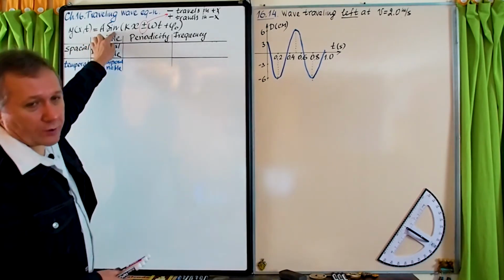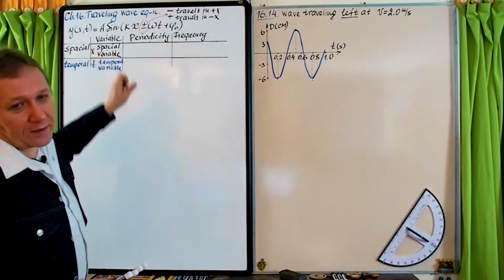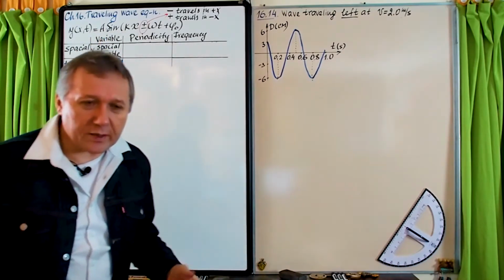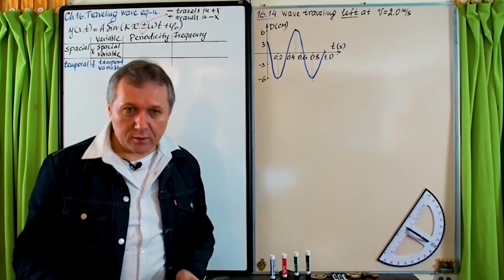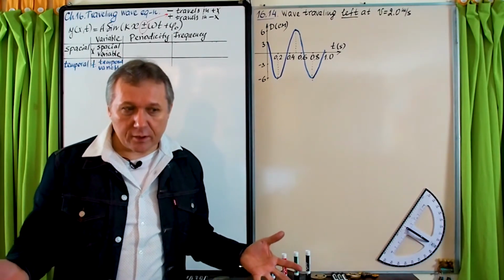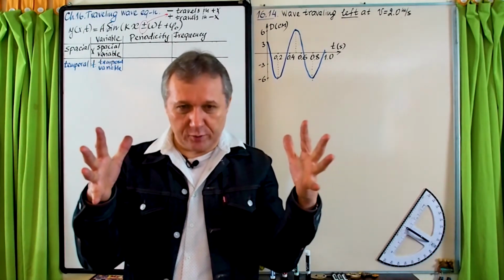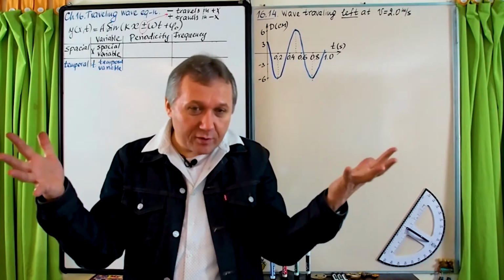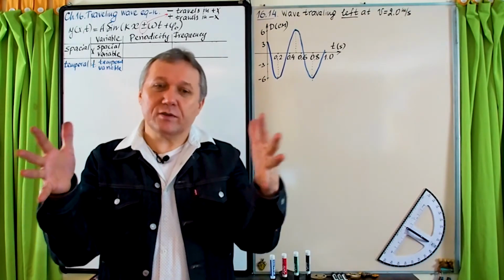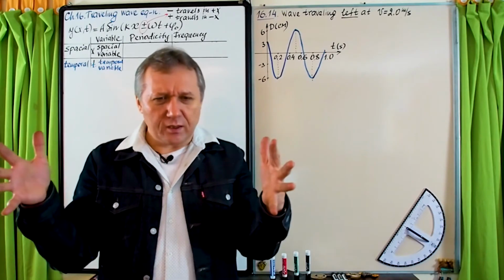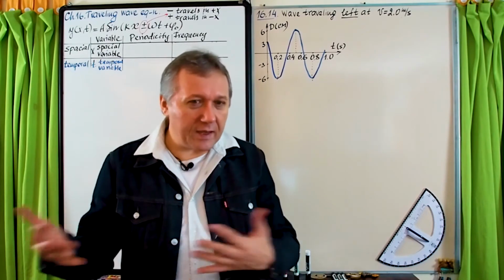Then there is a periodic function. Right now I wrote sine. It can be cosine here as well. Of course, you know from high school, what's the difference between sine and cosine function? Phase. Right? If you take a sine function and shift it by pi over 2, you will get the cosine function.